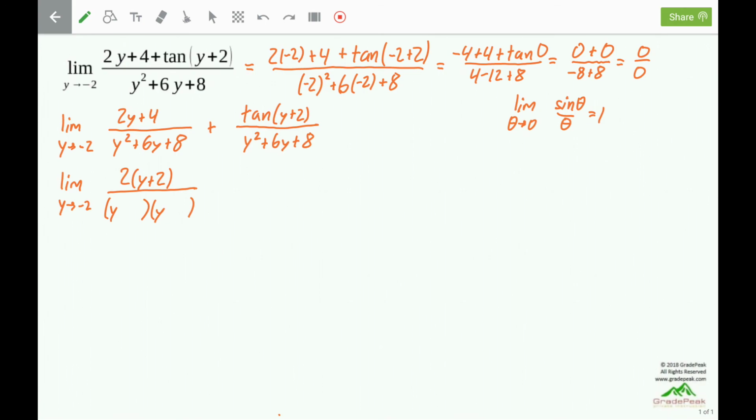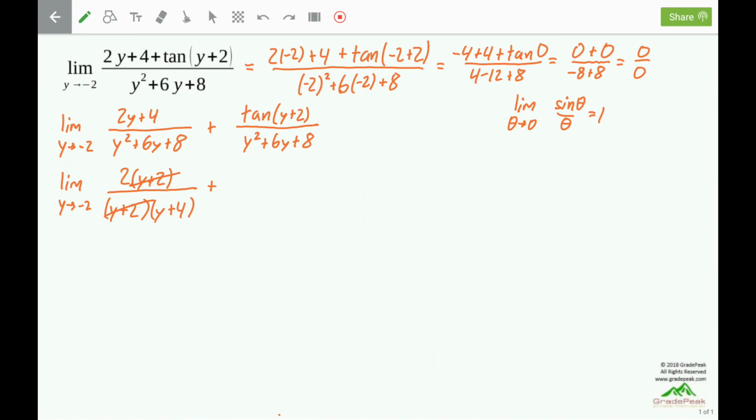Therefore, it looks like a positive 2 and a positive 4 will take care of that. They multiply to be an 8 and add to be a positive 6. And there's the y plus 2 factor in the denominator that's making the 0 in the denominator. Those y plus 2's can cancel, so we're going to do that. And we no longer have 0 over 0 for that one. So that fraction is ready to go for the limit.